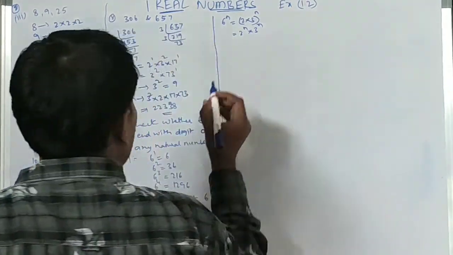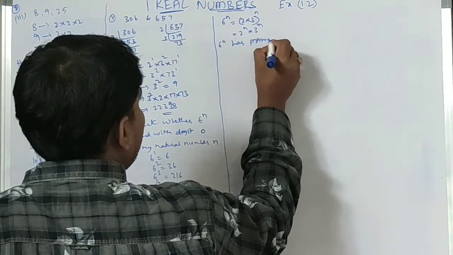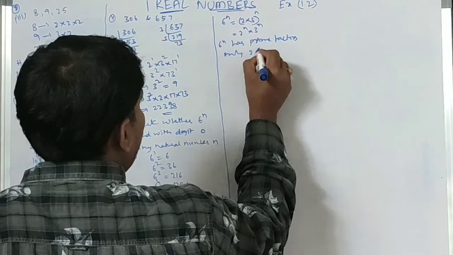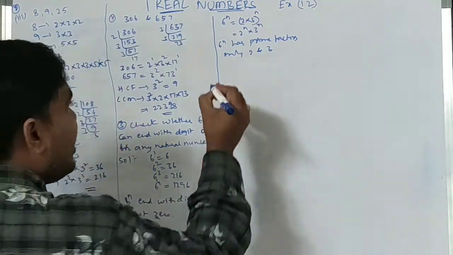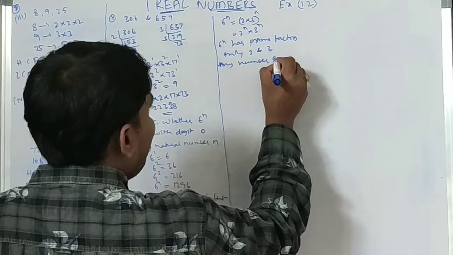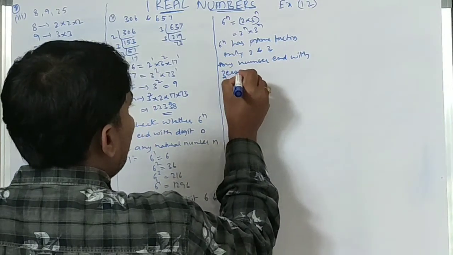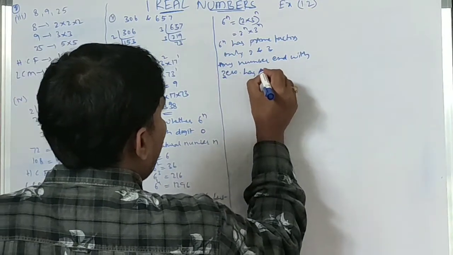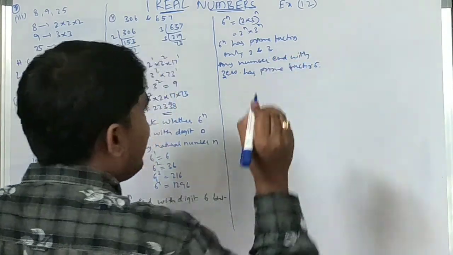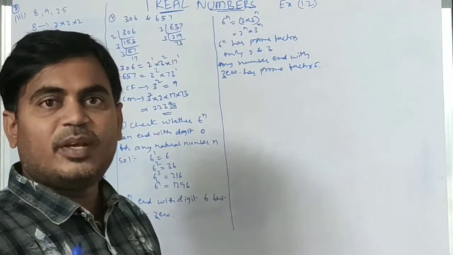Any number ending with 0 has prime factor 5.